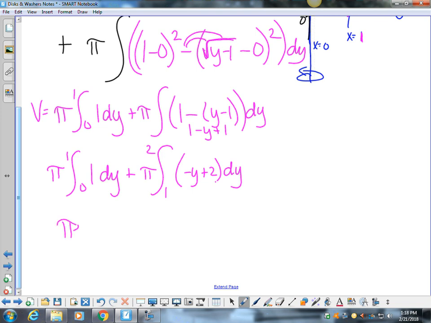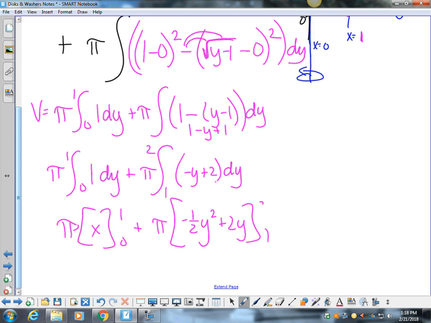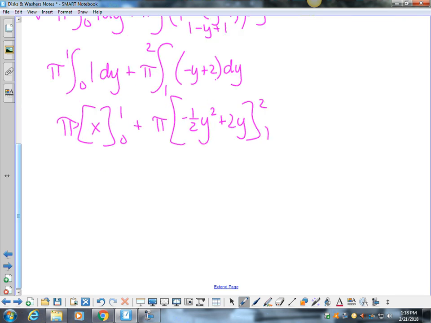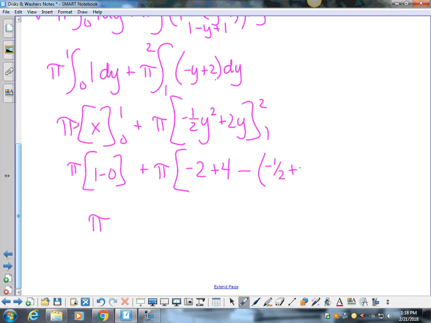Okay, then this is easy. 2 squared is 4. Be negative 2 plus 4 minus, watch your parentheses, negative 1/2 plus 2.